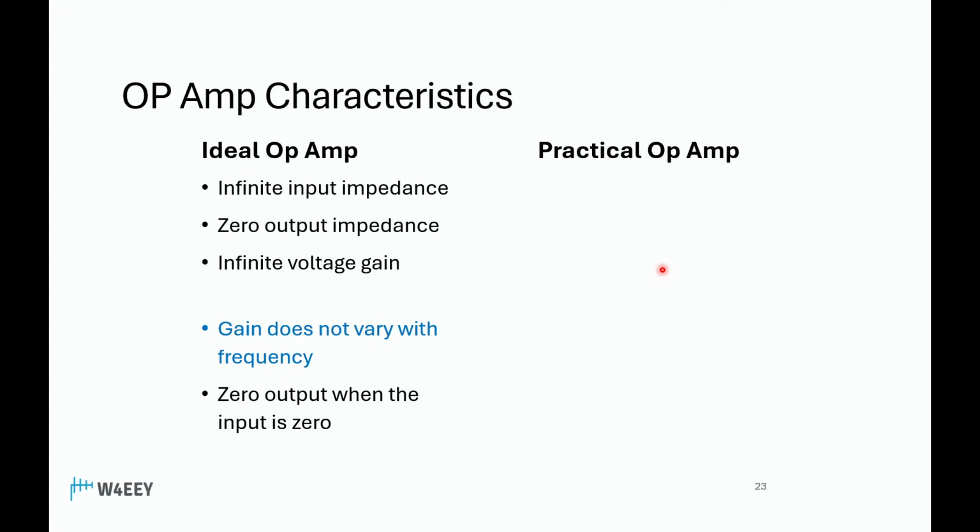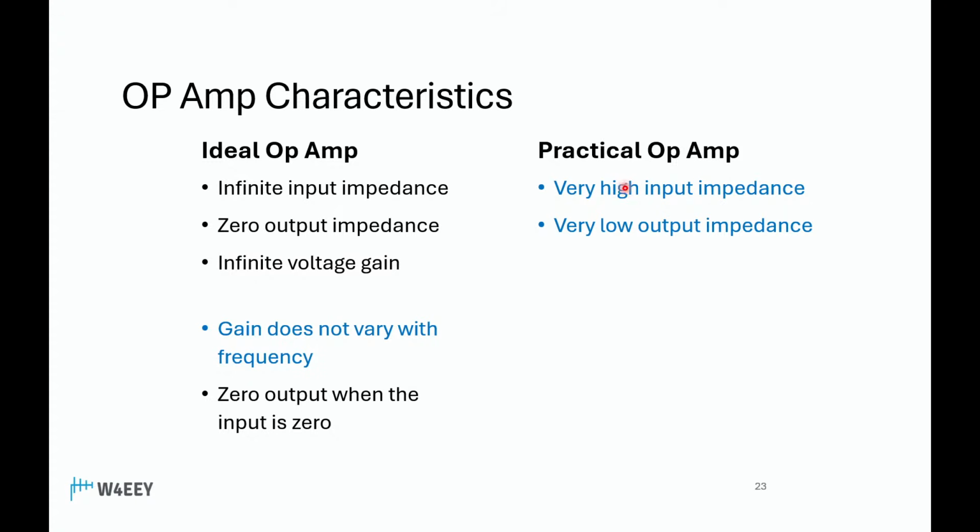So here's some amazing things. We're going to talk about ideal op amps, the ideal op amp, and then what we have in real life. Now, an ideal op amp has infinite input impedance. Pretty handy, wouldn't load down a circuit. In the real world, the answer is very high input impedance. Zero output impedance, ideally. It's going to have very low output impedance.